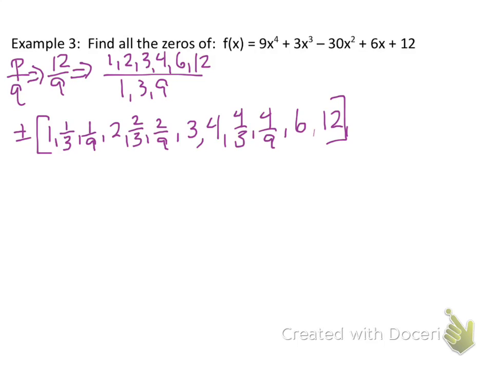And 12 over 9 is 4/3. So these are our possible rational zeros.